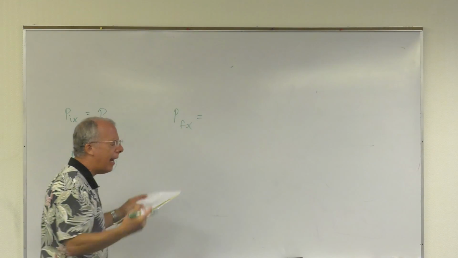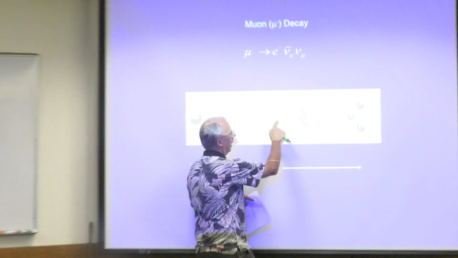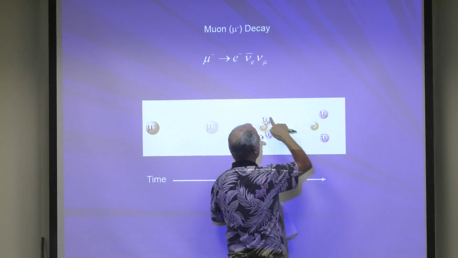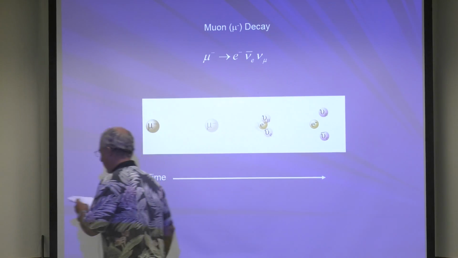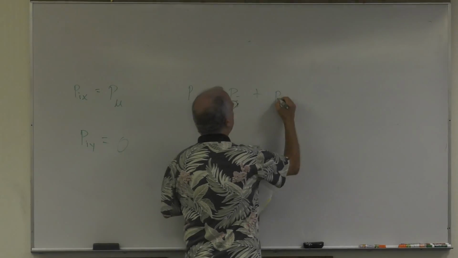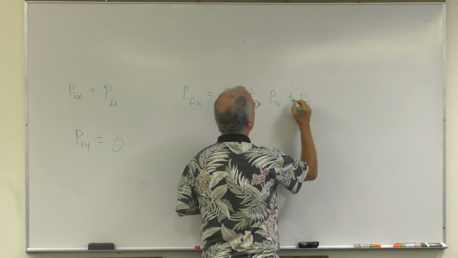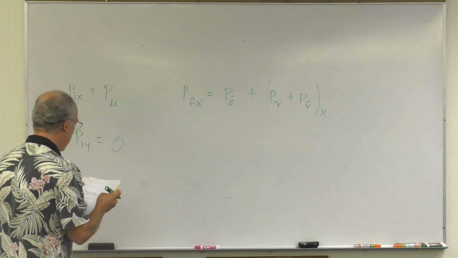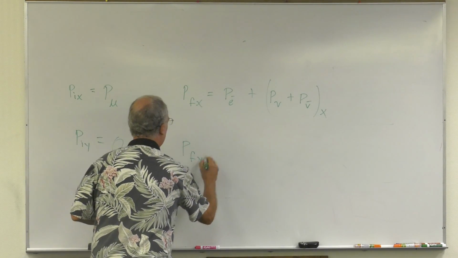What's P final x? After the decay, it's the momentum of the electron and also the x component of this guy and this guy, just the x pieces: P electron plus P neutrino plus P antineutrino, just the x components. And what has to be P final y?